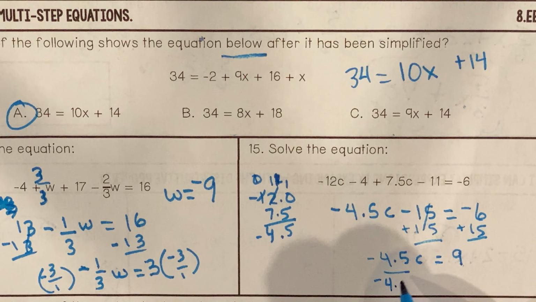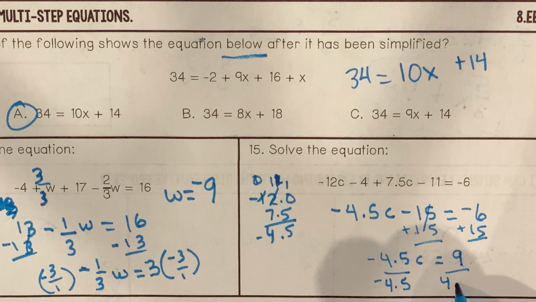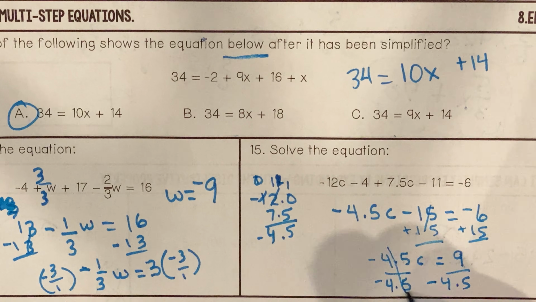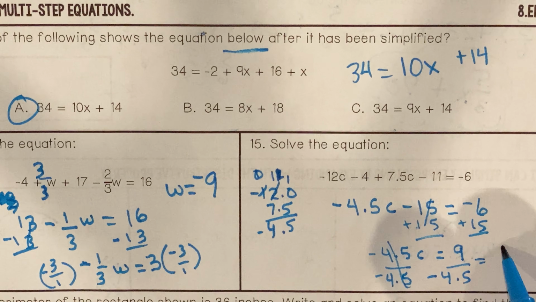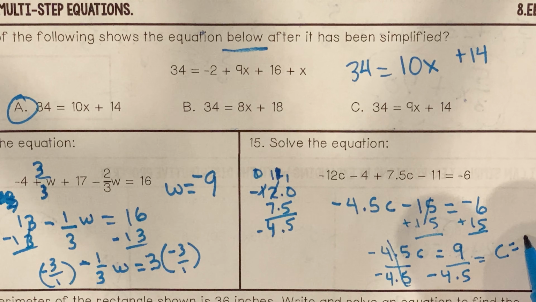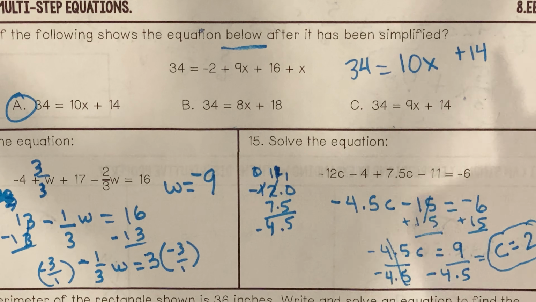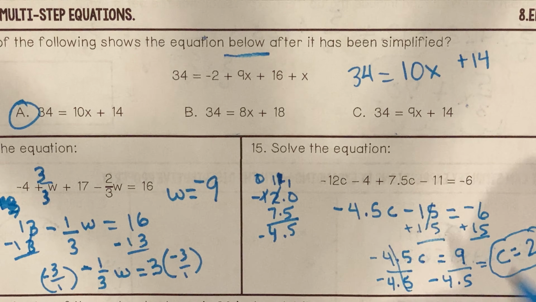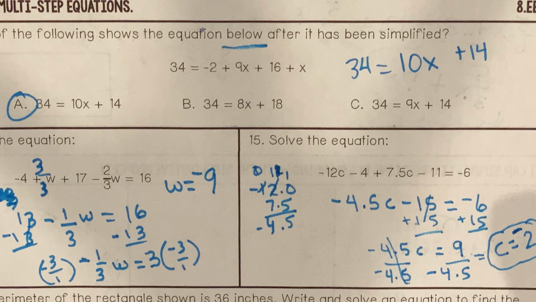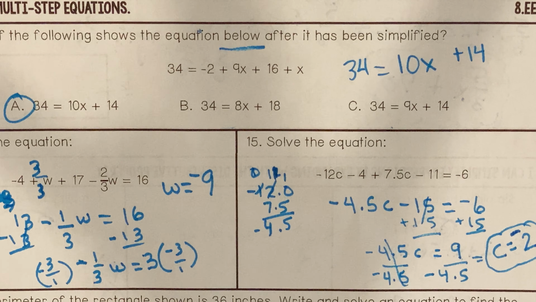When I divide both sides by negative 4 and 5/10, C is going to equal 2. So we have a positive divided by a negative, which means my answer is a negative.